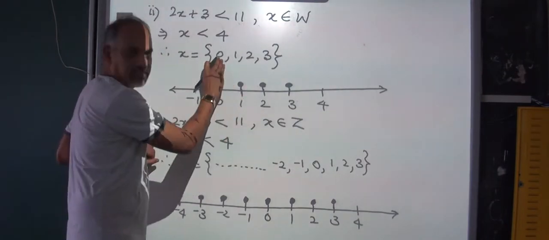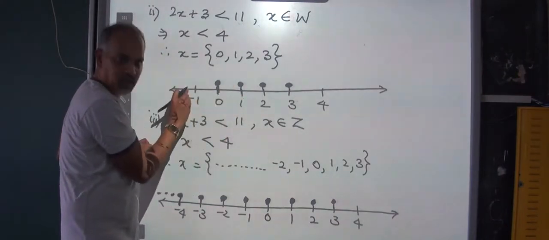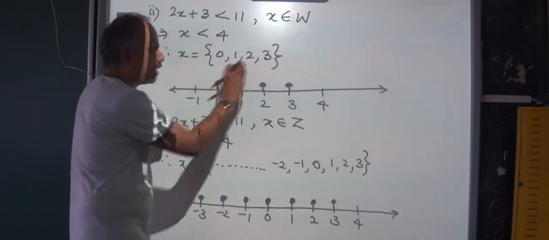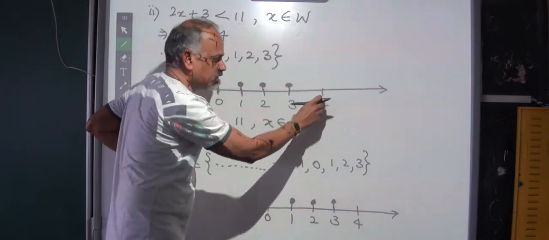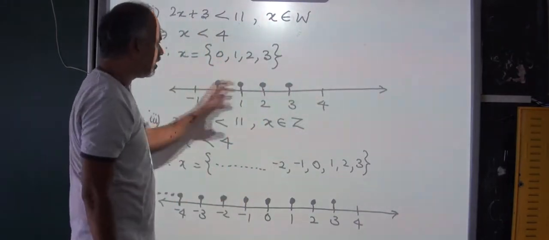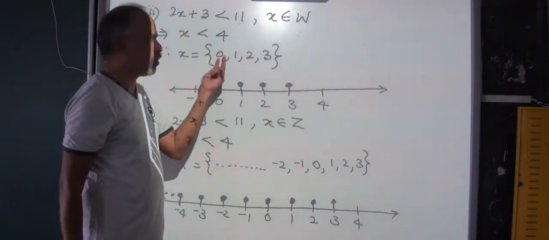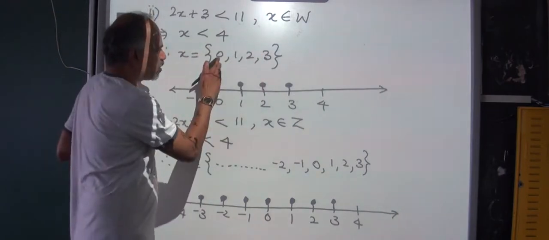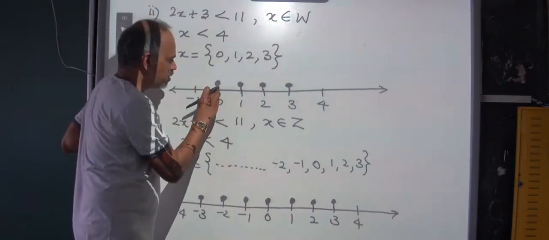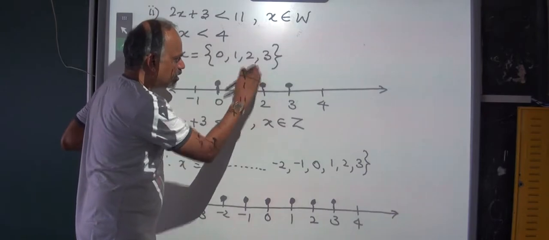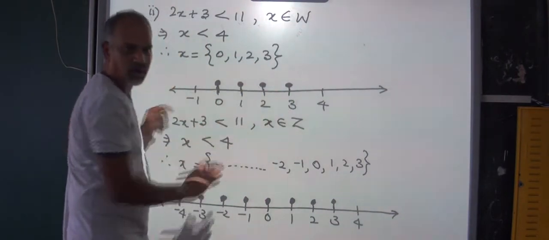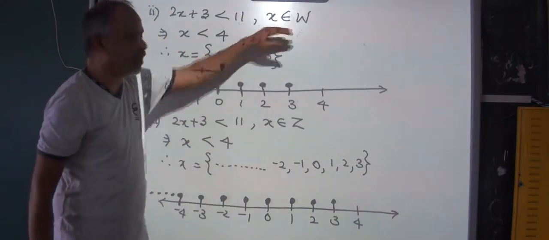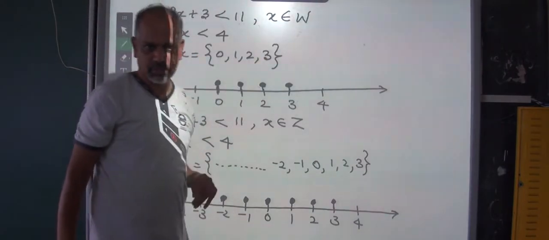There is a 0 here, so I am putting one extra value on the negative side, -1, and there is a 3 here, so I put one extra value on the positive side, that's 4. To represent this solution, 4 values are there, so put a shaded dot over 0, 1, 2 and 3. That's the solution on the number line. This is for x belonging to whole numbers.